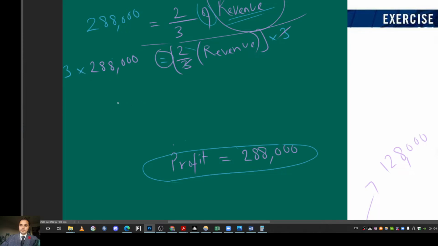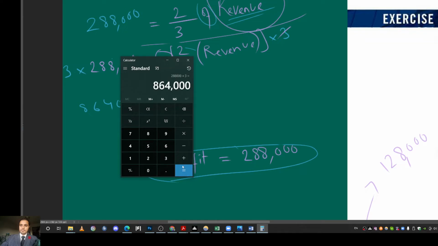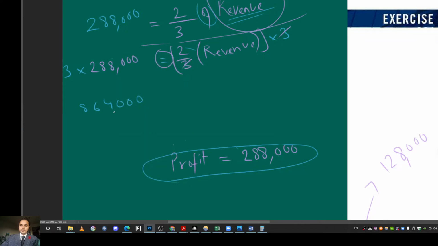So this gets multiplied, and we are left with 864,000 equals 2 times revenue. Remember, the 2 is still coming down from here. The 3 got canceled over there.